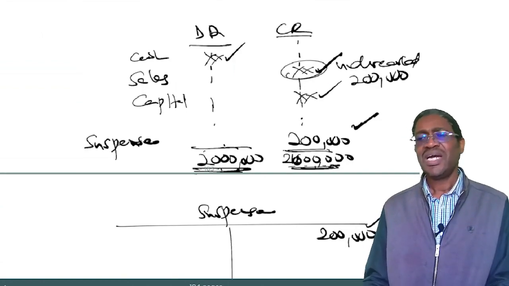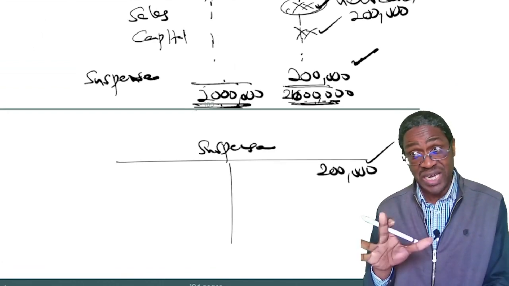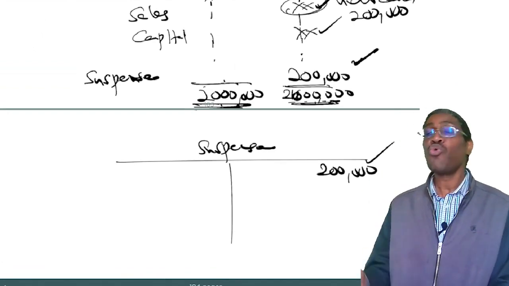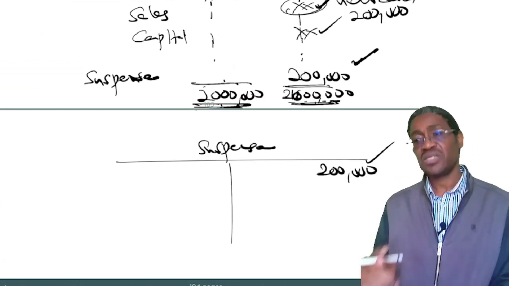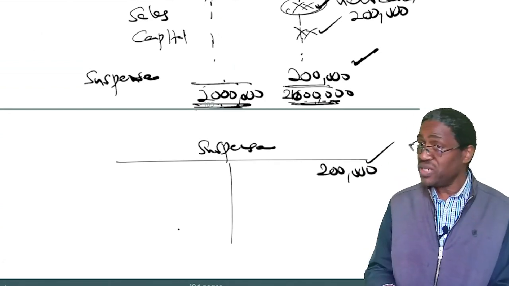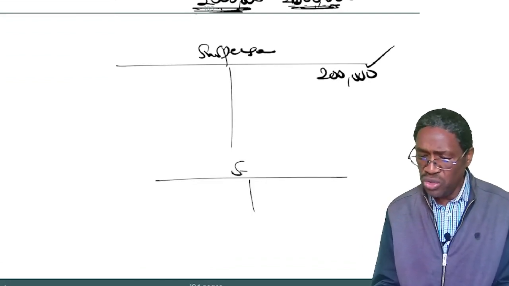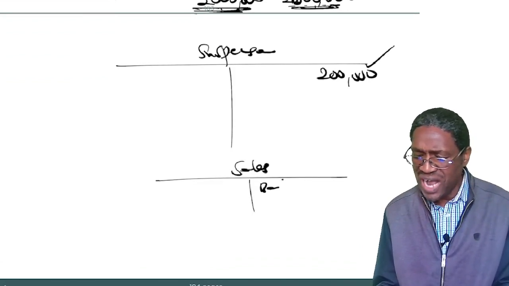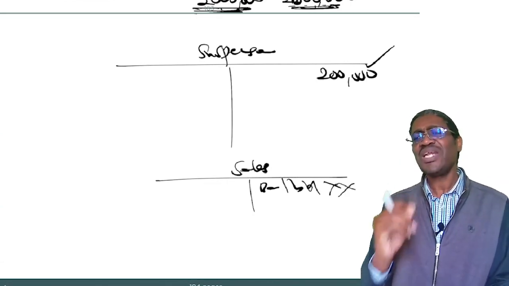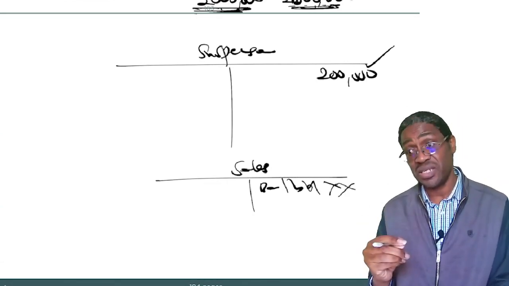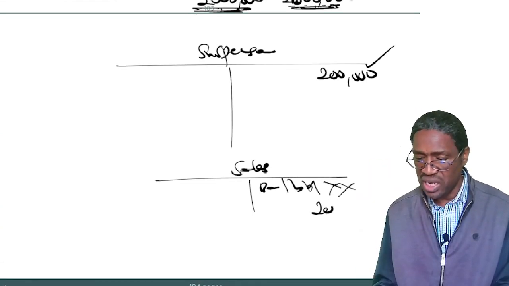Later, when you now come to discover where you made the error, you correct the error through your suspense account. What happened? Our sales were undercasted. You all know sales is always a credit balance here. If you realize later they were undercasted, to correct that, you will come and credit a sales account.